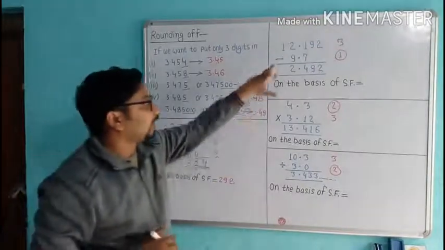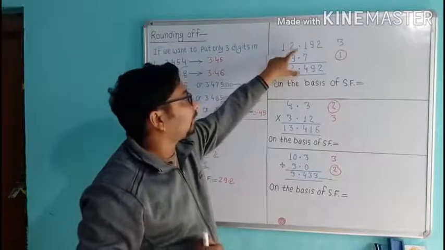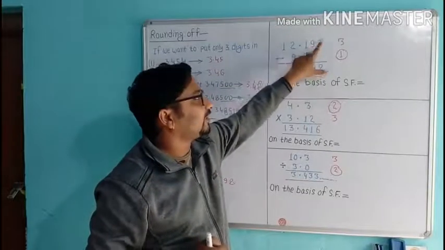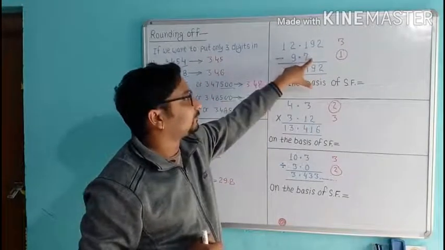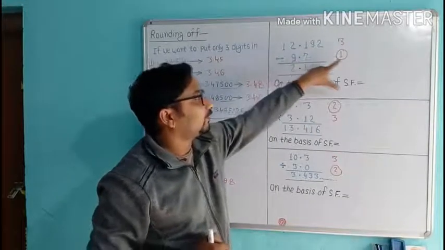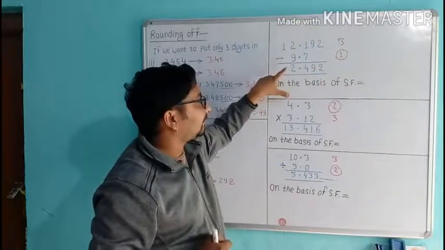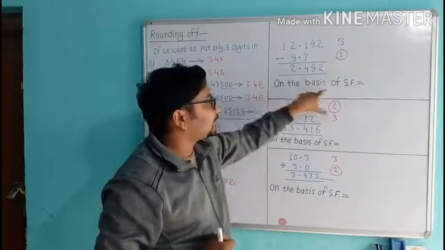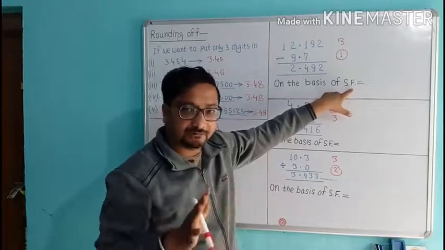Now, in the subtraction case, suppose here is a number 12.192. After decimal point, there are 3 numbers 1, 9 and 2. And 9.7. Here after decimal only 1 significant figure. So after subtraction we get this result 2.492. But on the basis of significant figures, we get a different answer.